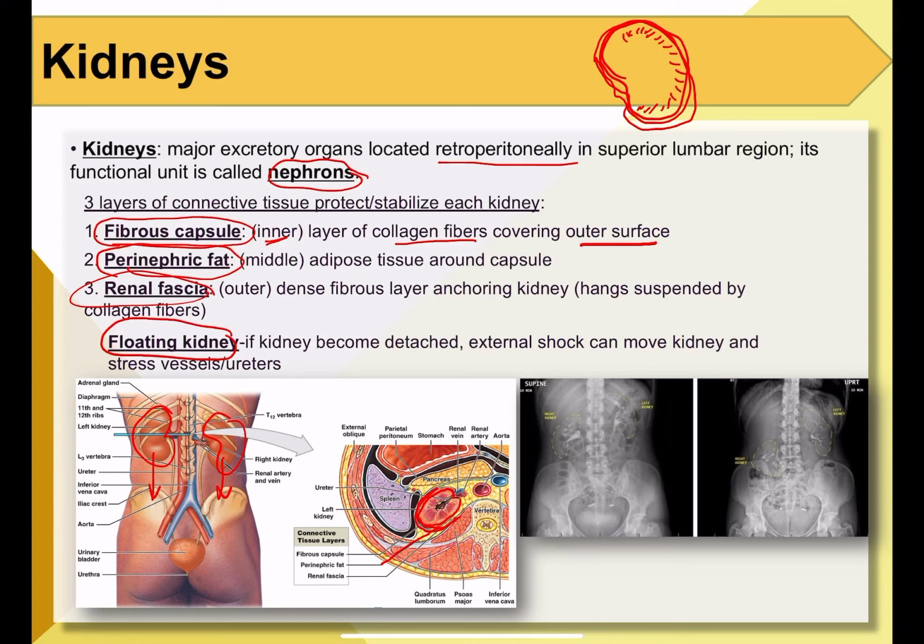which then can put pressure on your blood vessels and ureters that come out of your kidney, because your kidney is supposed to be nicely suspended right here, and then you have your blood vessels coming out of it and your ureters coming out of it, and it's hanging like this and drains into your bladder.